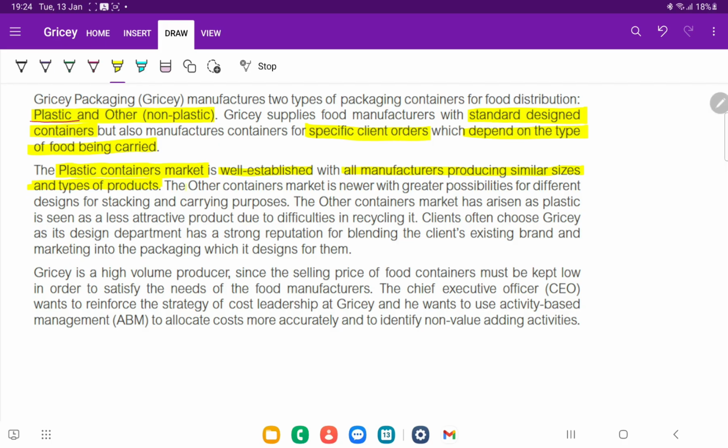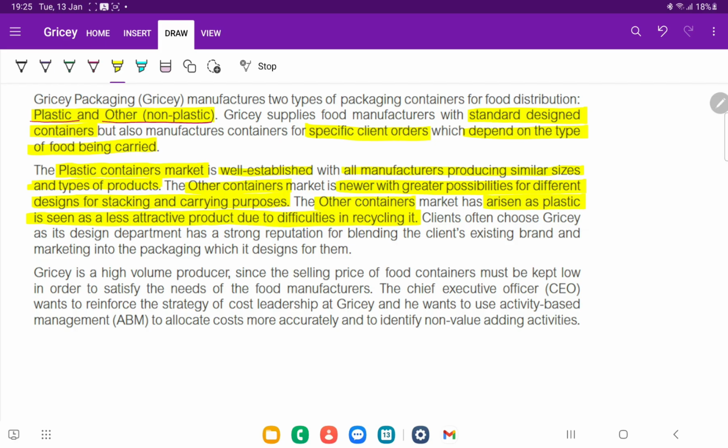The other container, which is the second product, the other container market is new with greater possibilities for different design for stacking and carrying purposes, right? The other containers market has arisen as plastic is seen as a less attractive product due to difficulties in recycling it, right? Makes sense because of sustainability and all these things.